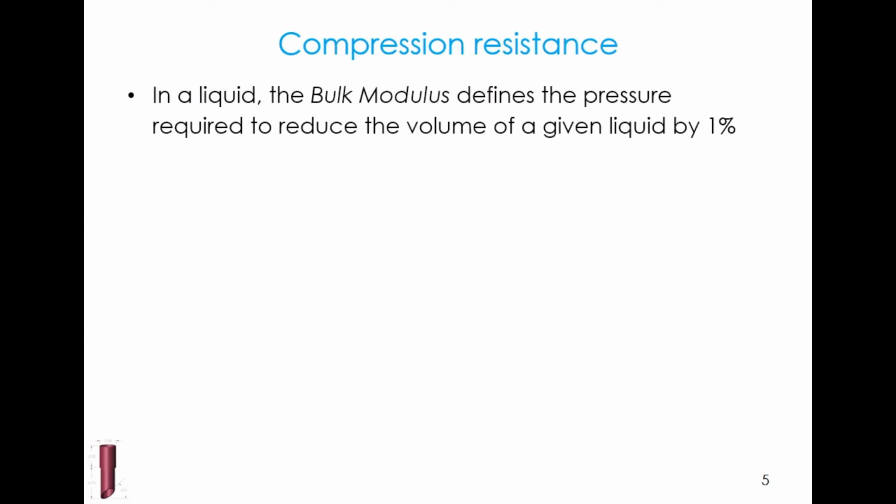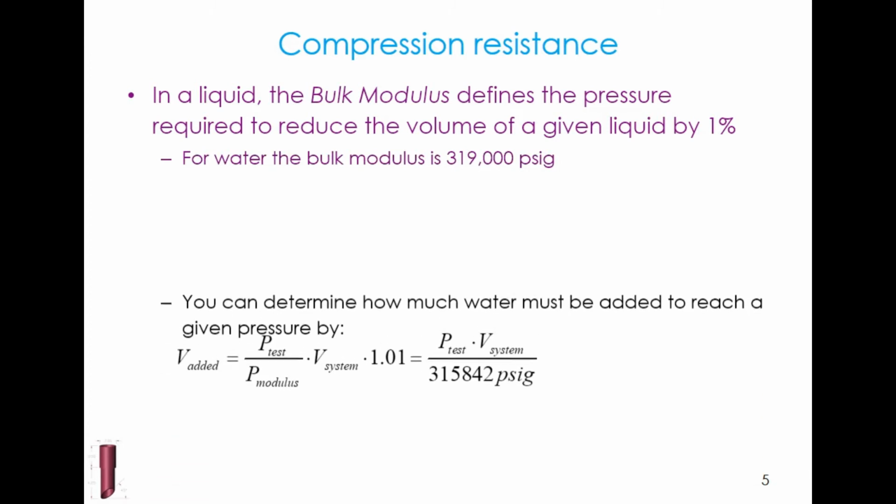In a liquid, the bulk modulus defines the pressure required to reduce the volume of a given liquid by 1%. That's a reasonably arbitrary amount of reduction in volume. For water, the bulk modulus is 319,000 psig, so it's a big number.